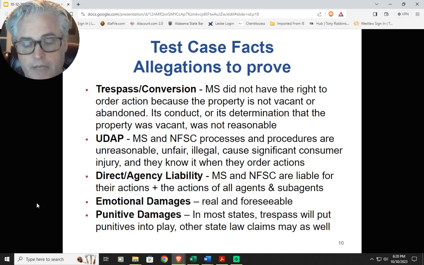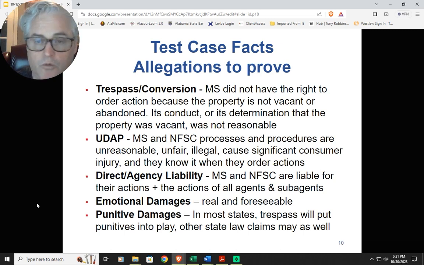Understanding emotional distress damages. If you've dealt with very many of these cases, it is not hard to understand the emotional distress aspect of this. What I always tell people who don't understand these cases is, just think, if you walked out the door this morning and you went to work and you got home at 5 o'clock and the locks on your door were changed, you couldn't get in your home, there was a sign up that said, call your mortgage company.